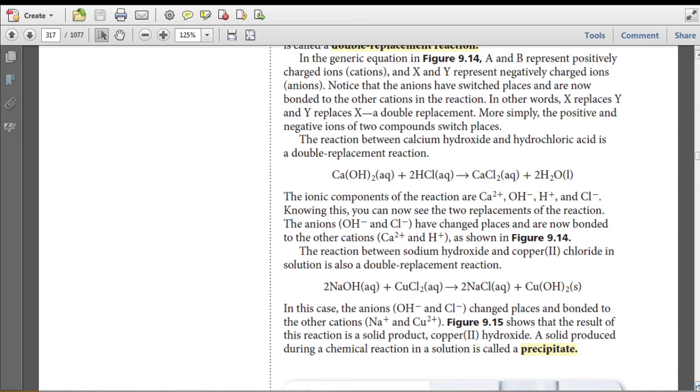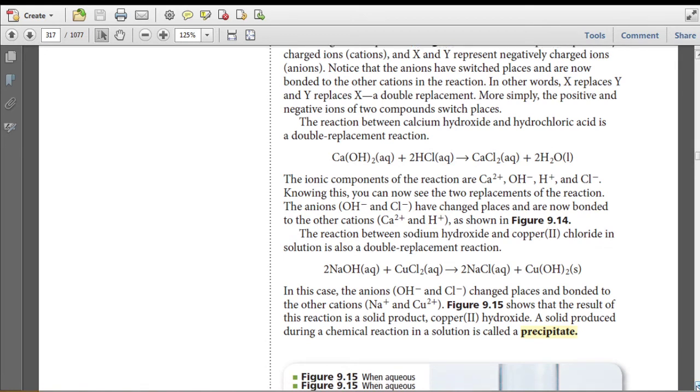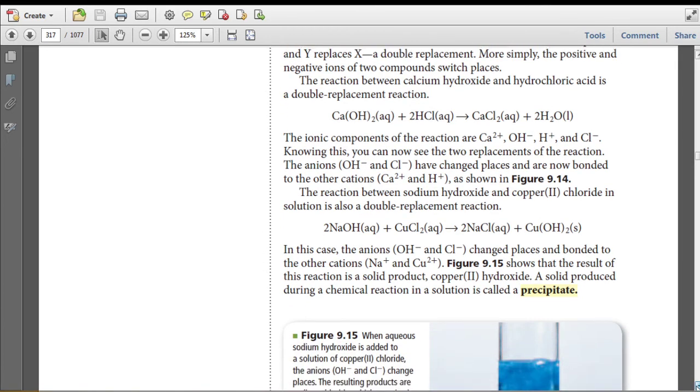In these cases, the anions changed places and bonded with the other cations. A solid produced during a chemical reaction is called a precipitate.